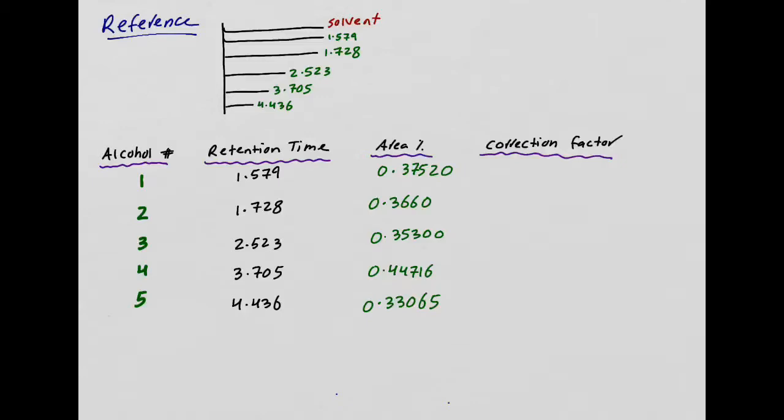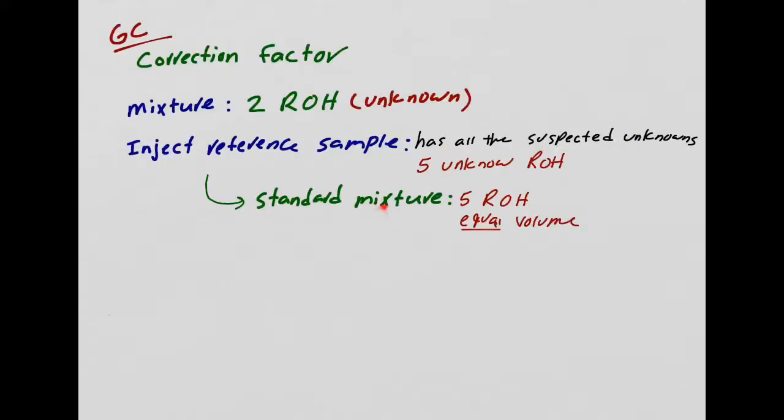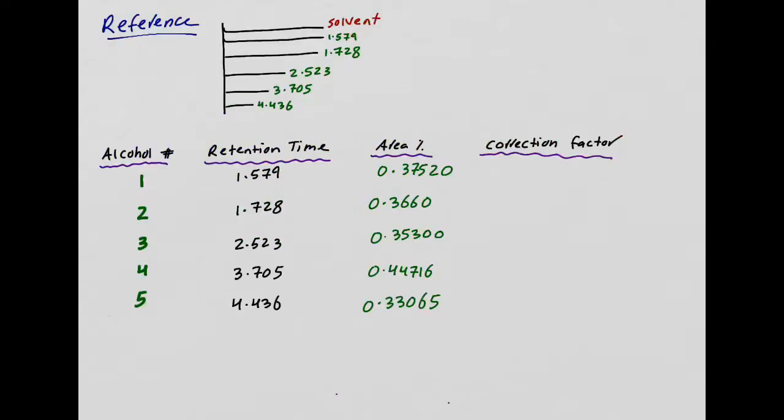Because if you remember, we said that our standard mixture, our reference sample that we are going to inject first, is going to have 5 alcohols and they are going to have equal volume of each. So 1, 2, 3, 4, 5. That's great. Here's my reference and the GC showed me that I have 5 compounds in this mixture and that's what I expected.